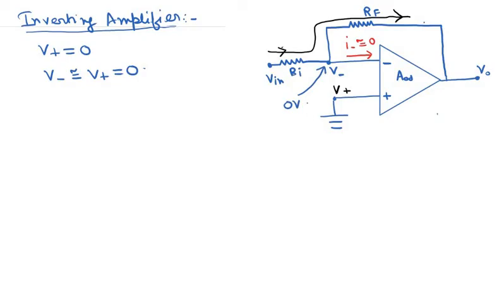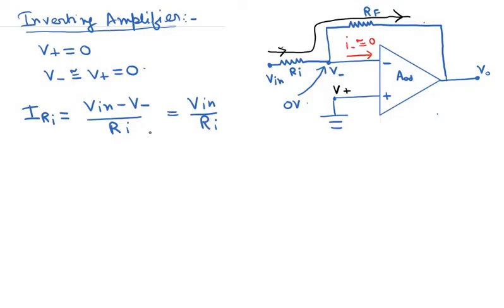Now we can calculate the current flowing through the resistor Ri. The current through Ri is I Ri equal to Vin minus V minus divided by Ri, and V minus is approximately 0, so this is equal to Vin divided by Ri.